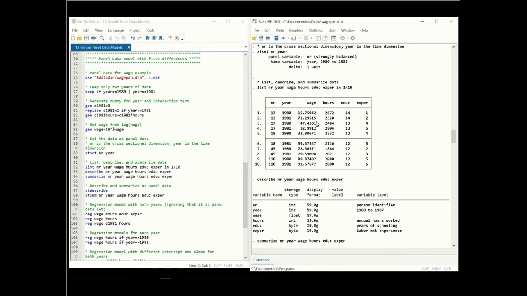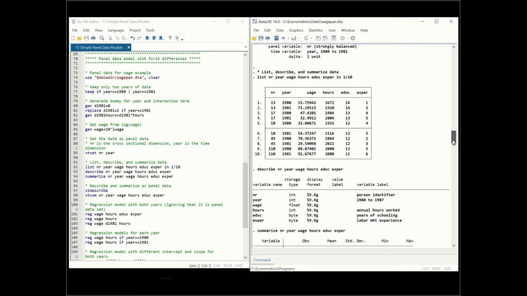And we have that wage varies from one period to the next, hours varies. But one thing we're noticing is that education stays the same for the same person in both years. So although people could have gotten more education, they didn't. And another thing to notice here is that experience deterministically changes by one more year in the next year, which makes sense. So that's the kind of variable that we have for experience.